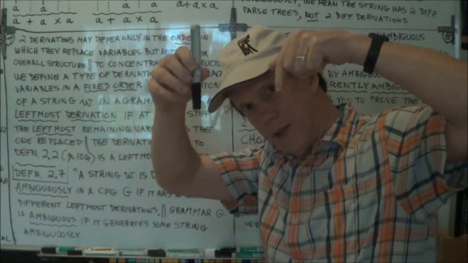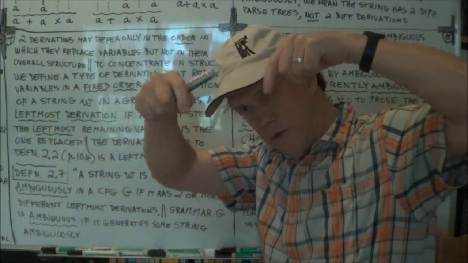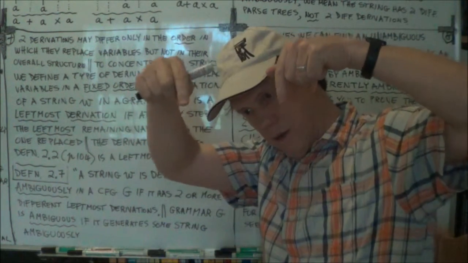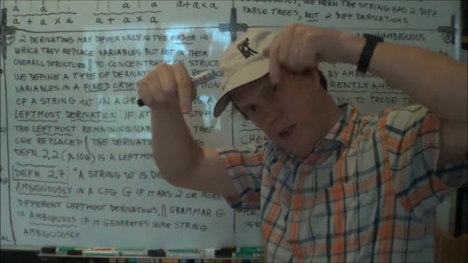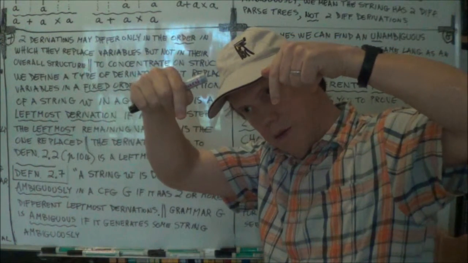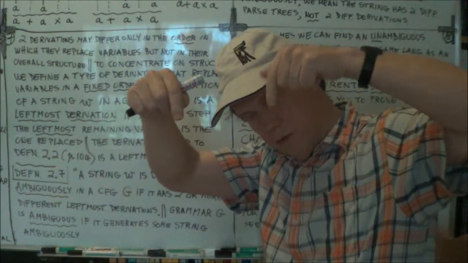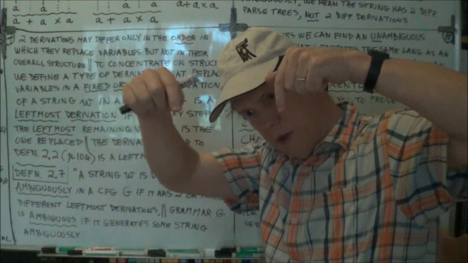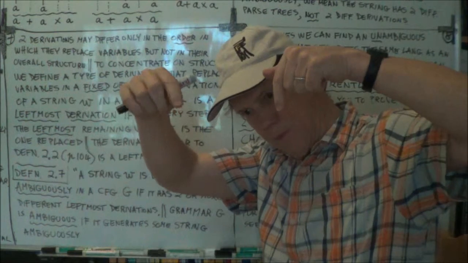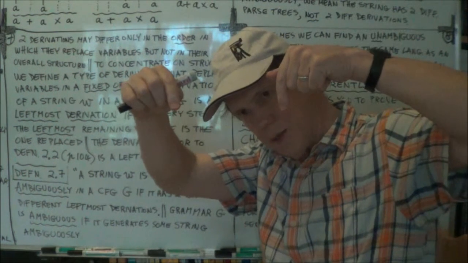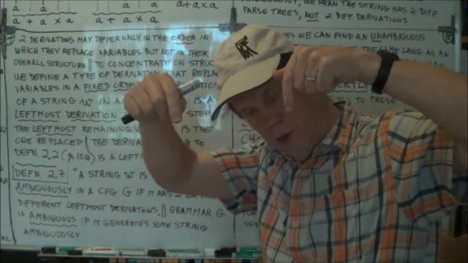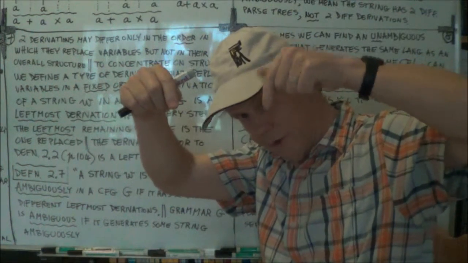So imagine in your parse tree, you have two instances of expr in your tree, here and here. This is your left one and your right one. Now, you could, at the next step, substitute expr for A by doing the left one first, or you could do the right one first.